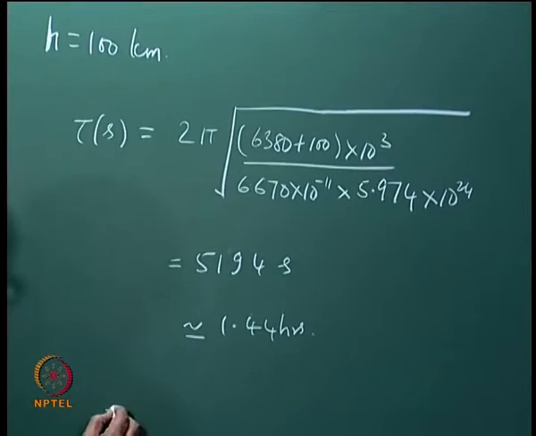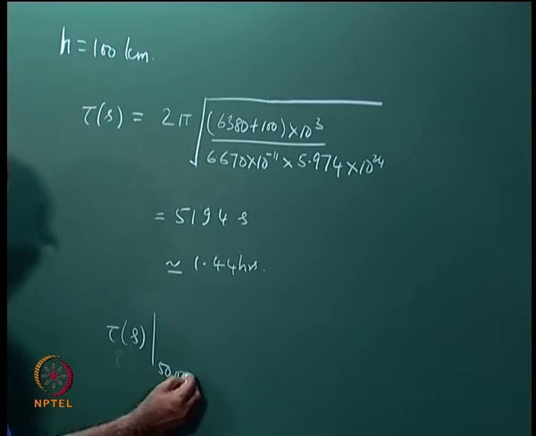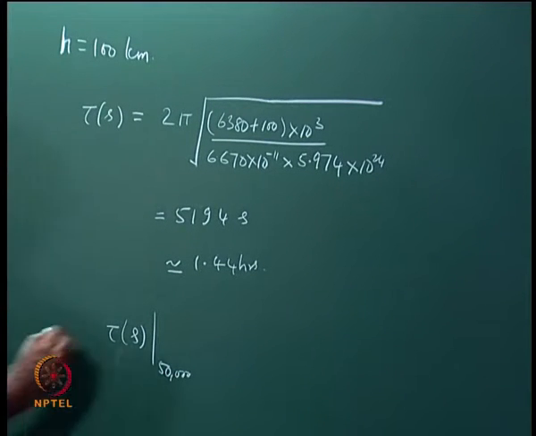If I do the same thing, tau in seconds at a distance of h equal to 50,000 kilometers will give me the same thing.